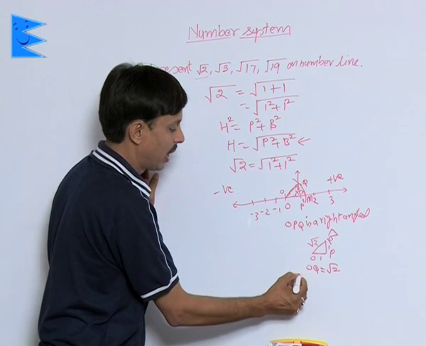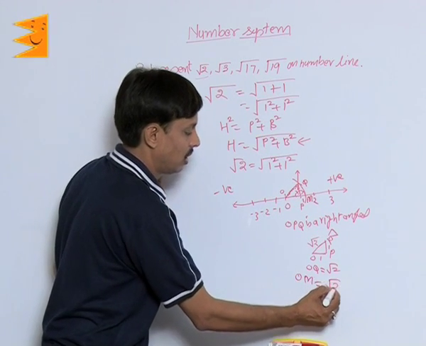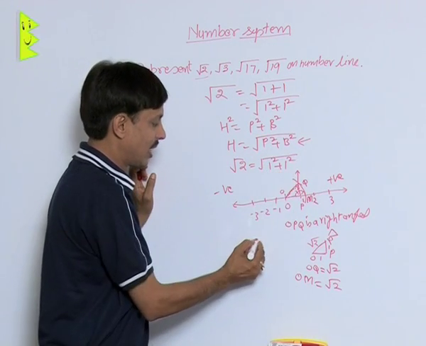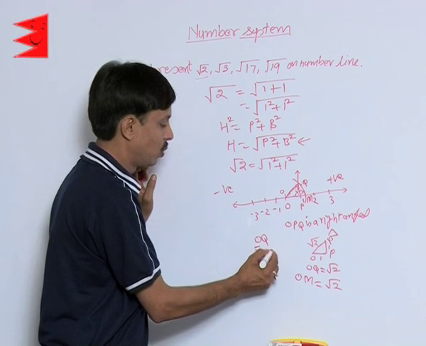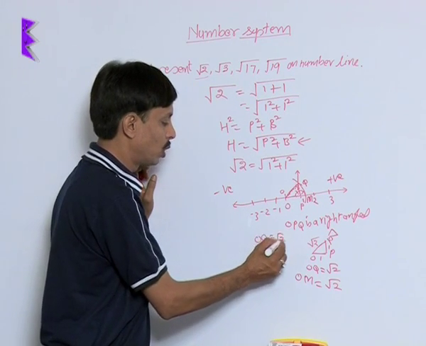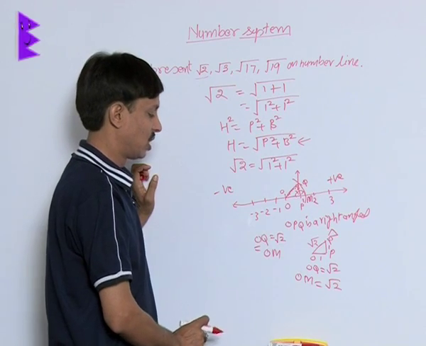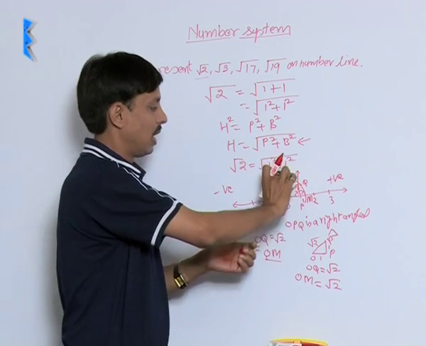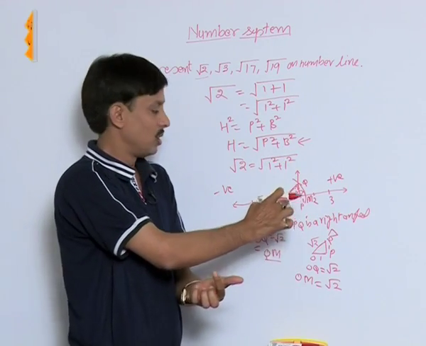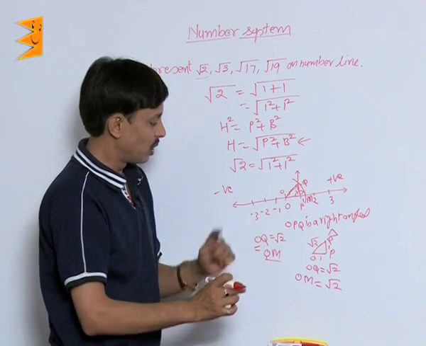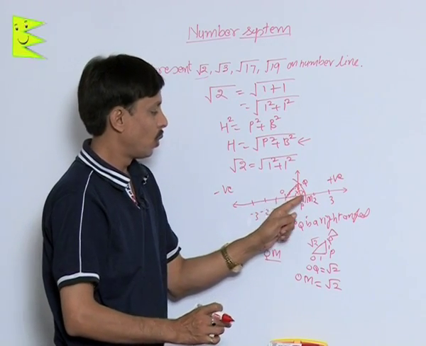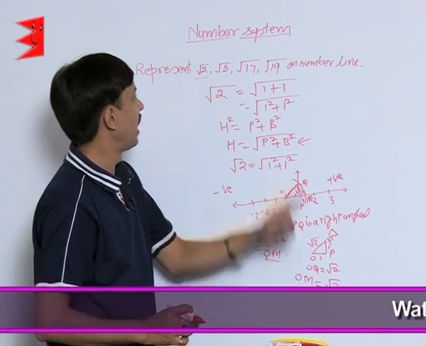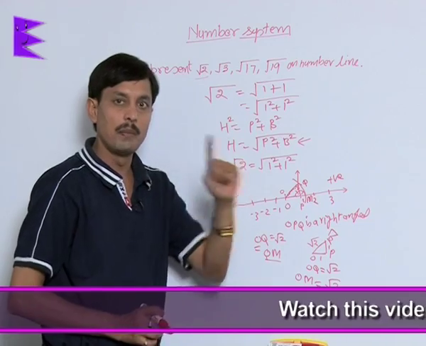This length OM on the number line represents root 2 because OQ is root 2 because of the Pythagorean condition, and OM and OQ are equal because of the compass and pencil. We have marked an arc, so the two radii are equal. So in this way, root 2 is OM. I have explained how to express root 2 on the number line.